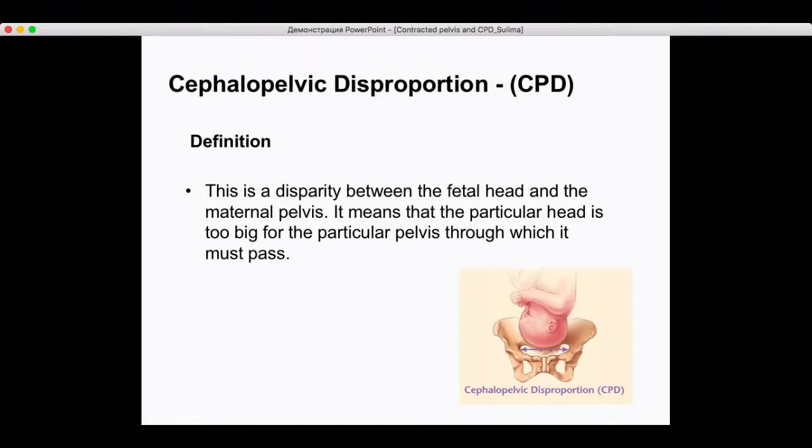It means that the particular head is too big for the particular pelvis through which it must pass.